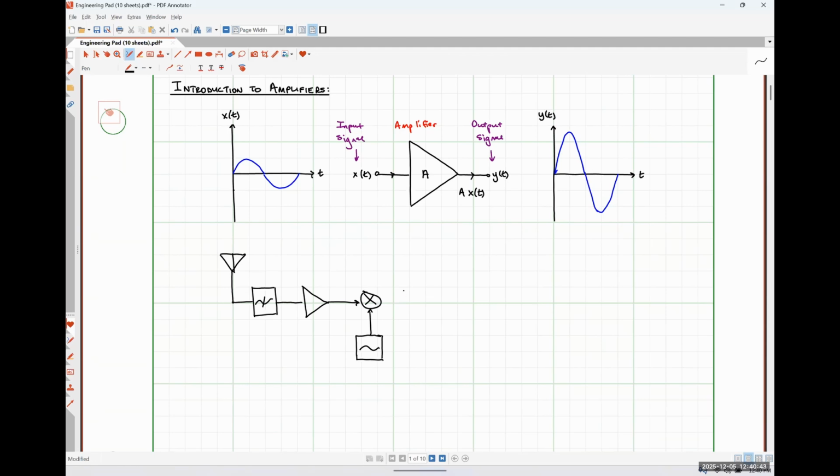The output of this mixer is then fed into yet another filter, amplified again, fed into a demodulator, which is separating the intermediate signal and the message signal.